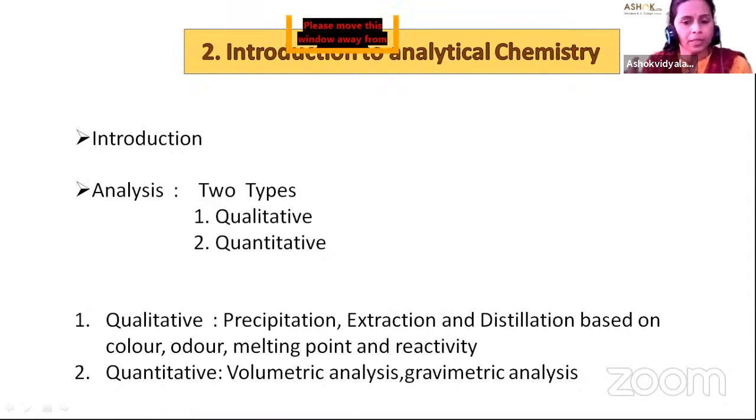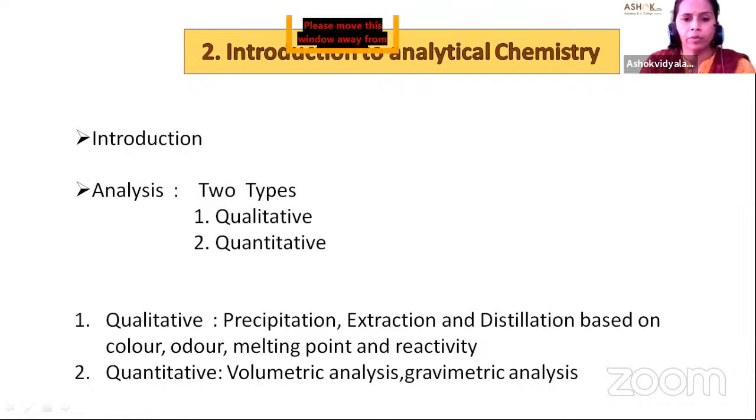We can do this qualitatively as well as quantitatively. We can find the amount or volume of any component. Even in the atmosphere, when we want to calculate pollution, the oxygen level, or the level of poisonous gases like carbon monoxide, CO2, SO2, analytical chemistry plays a very vital role.